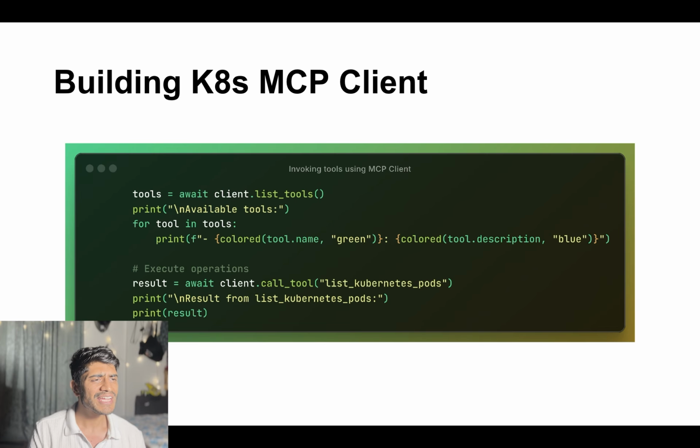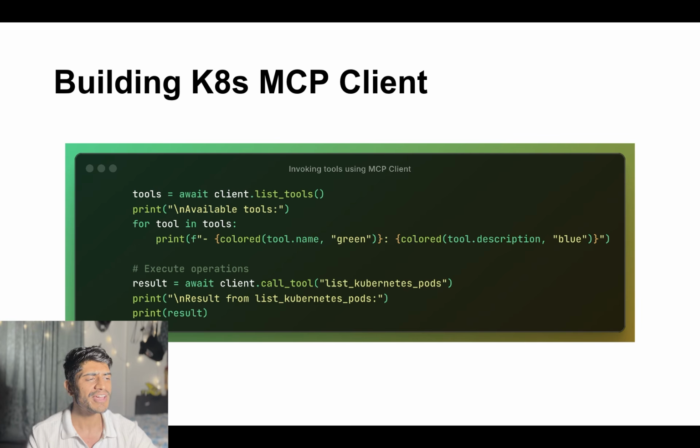And after that, I can go ahead and call my MCP client. The first thing that I'm doing here is calling a function from this MCP client, and I'm listing all the tools. When I call this function, it is going to query my MCP server and list me all the MCP tools that are exposed by that MCP server, right?